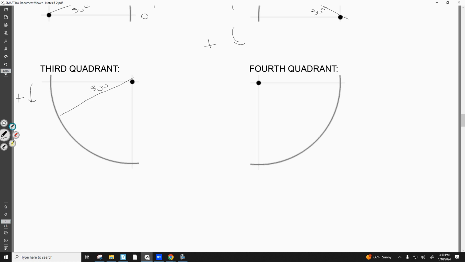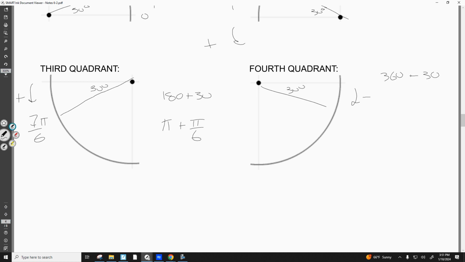Okay, great. This is 7 pi over 6. Why? Because it's the same as 180 plus 30, which is pi plus pi over 6. That's 7 pi over 6. This one, 30 degrees away, is like 360 minus 30. You could say it's 0 minus 30, and you'd be correct in thinking, could we have a negative angle?